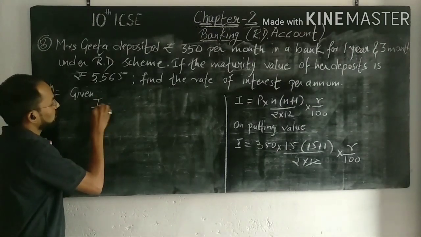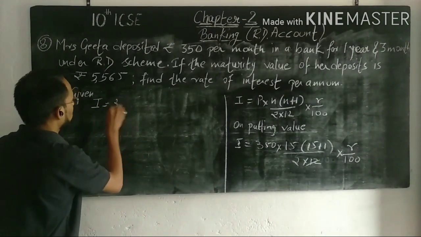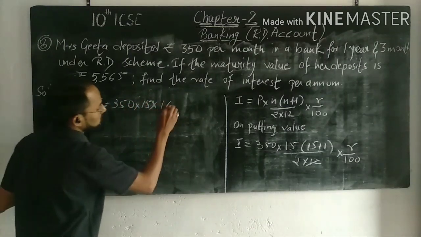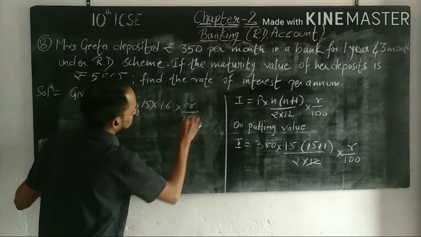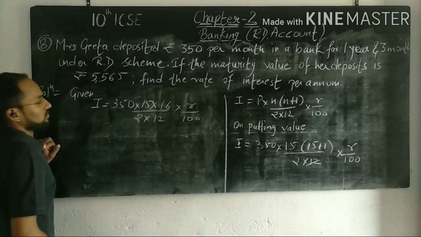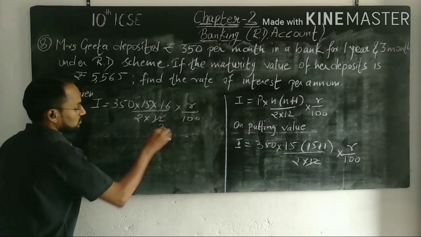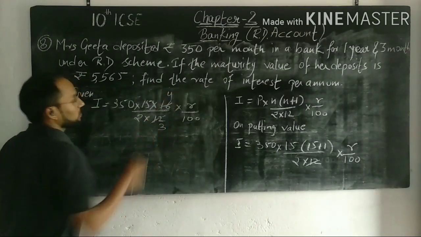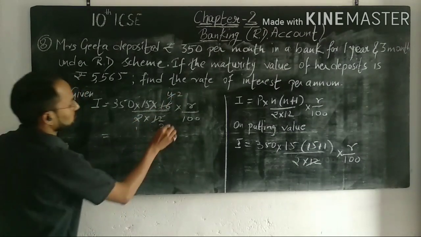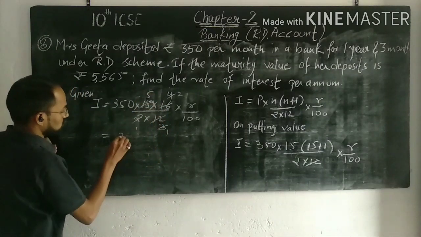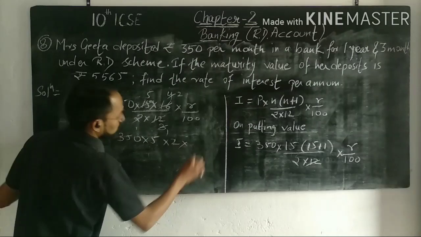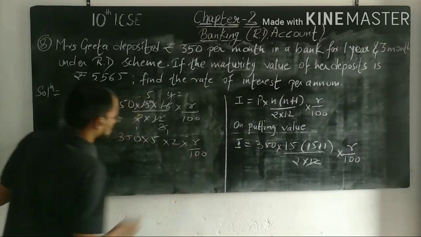On solving, I equals 350 into 15 into 16 upon 2 into 12 into R upon 100. So this cancels out by 4 tables, and so this is 350 into 5 into 2 into R upon 100.